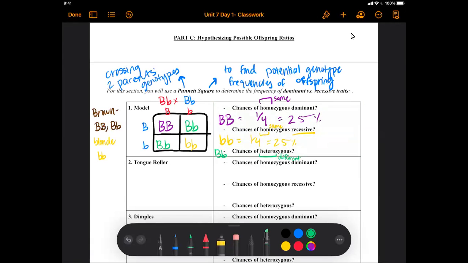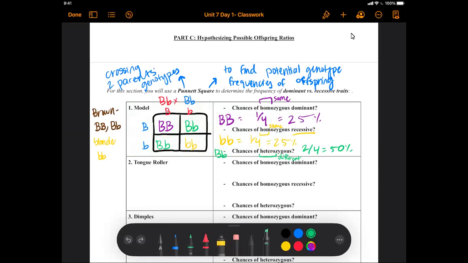What's the likelihood of that? What do we think? Anyone can answer that. It's anyone's question. Perfect. I'm getting some answers in the chat. 2 out of 4 or 50%, right? Because we see that two of these have got one big B and one little b.